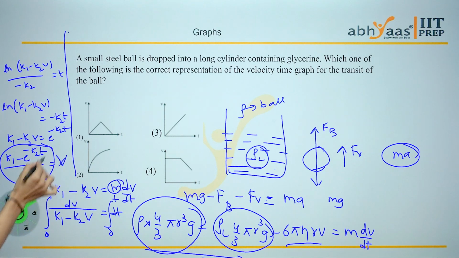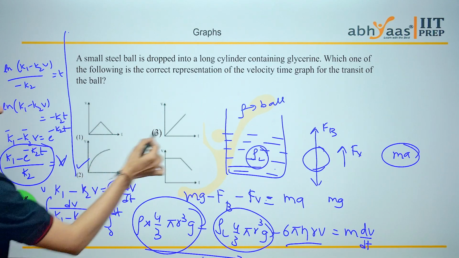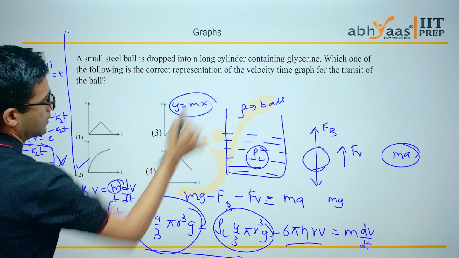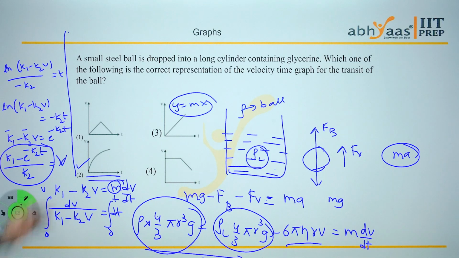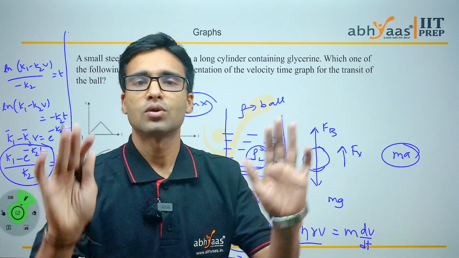Velocity is varying exponentially. The others are linear, like y equal to mx, a straight line. This is also a straight line. Only this has the exponential, going like this. So this is the variation of velocity with respect to time.